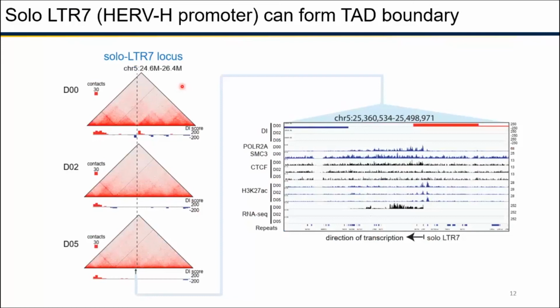We found that solo LTRs, although they express typically at lower levels than full-length HERV-H, some of them are also capable of forming TAD boundaries, indicated by the contact matrix and the directionality scores. So this data suggests that HERV-H RNA may not be important for the TAD boundary formation. Instead, the transcriptional activity is more likely the mechanism.